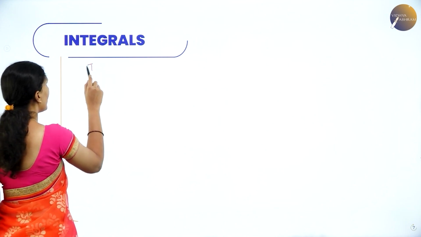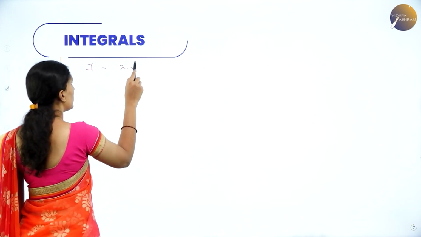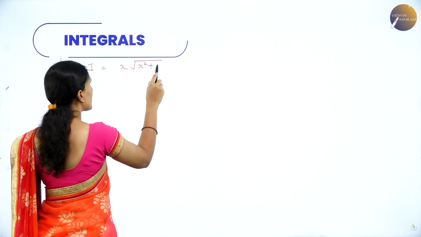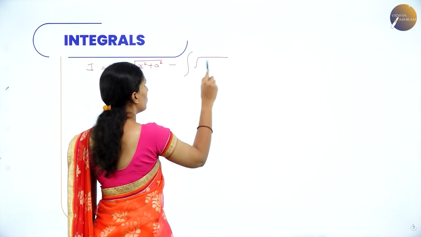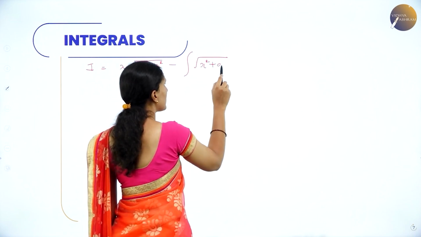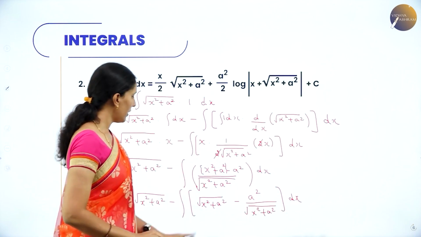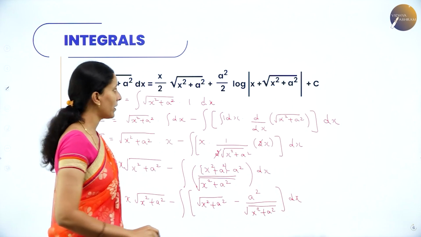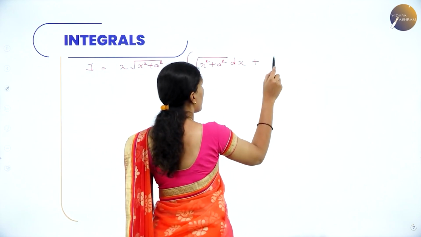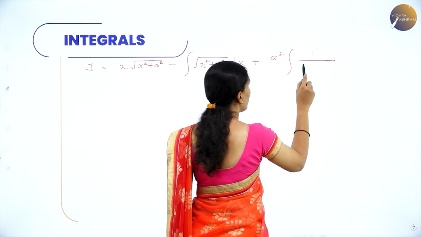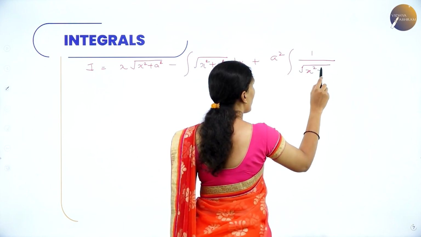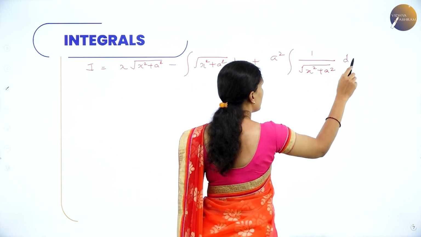So therefore I is equal to x into root of x square plus a square minus integral of root of x square plus a square dx. And here we have minus into minus, which becomes plus a square integral of 1 divided by root of x square plus a square dx.